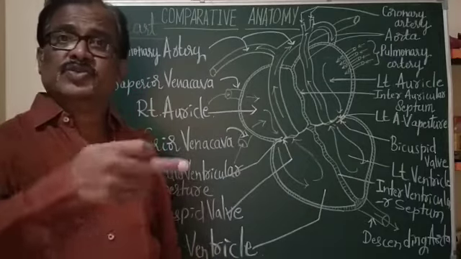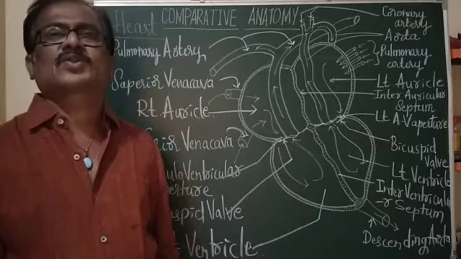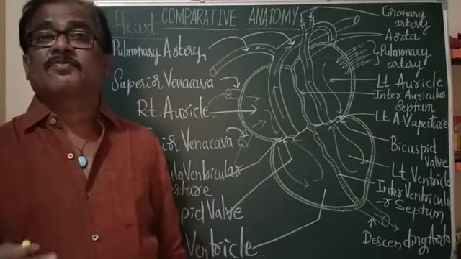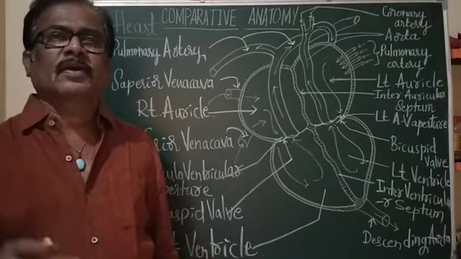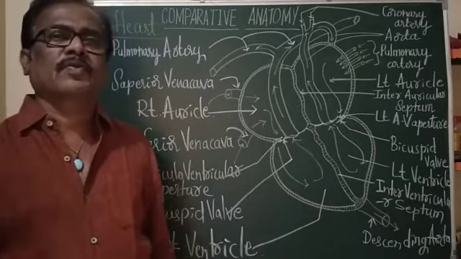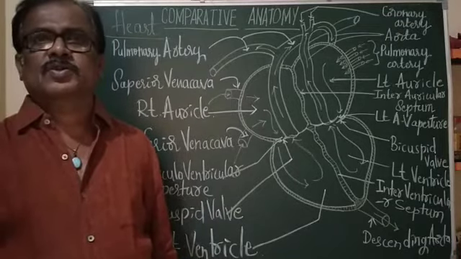This closed system of flow of blood is called closed circulation. That is found in Annelida and in all vertebrates of chordates.